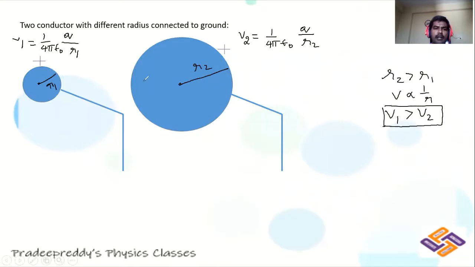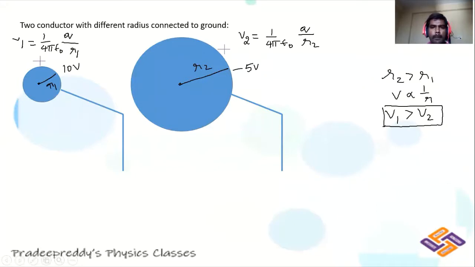So when we take two conductors of different size, their potentials are different. For example, V1 I am considering as plus 10 volt. What about V2? V2 has less potential than V1. This will be 5 volt.